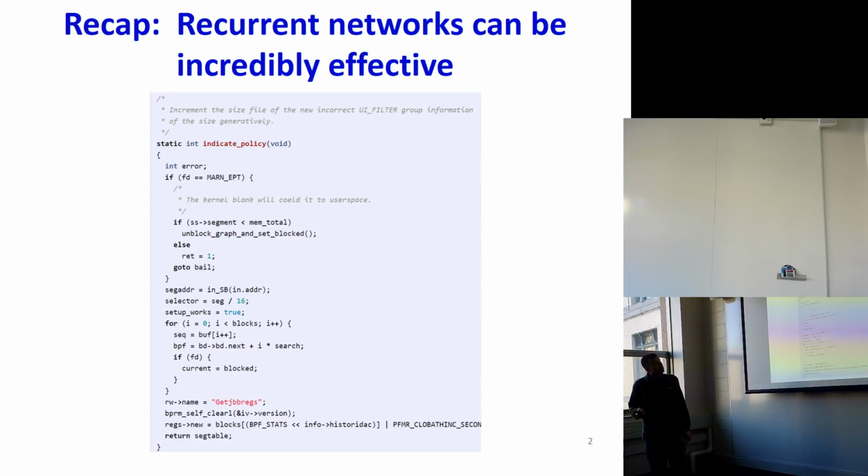We've seen in the previous class that recurrent networks can be incredibly effective. Here we saw this example where a recurrent network, this was actually one of Andrej Karpathy's bigger networks with, I think, millions of parameters, but it really learned to generate code.